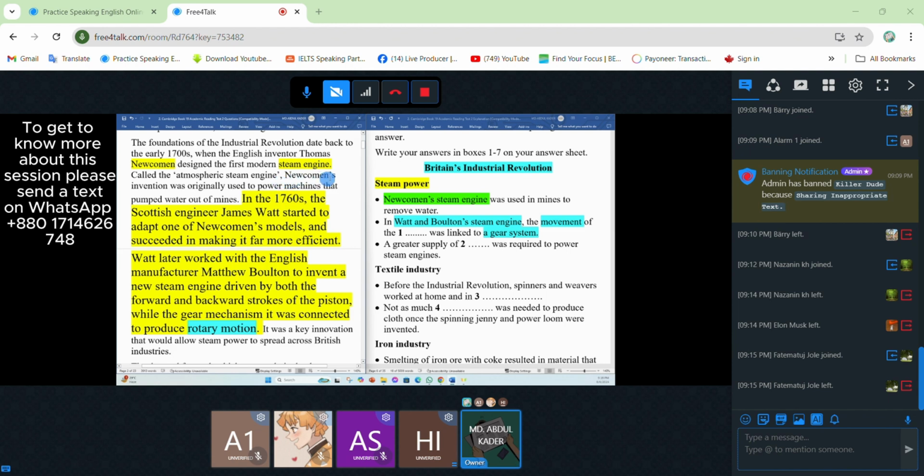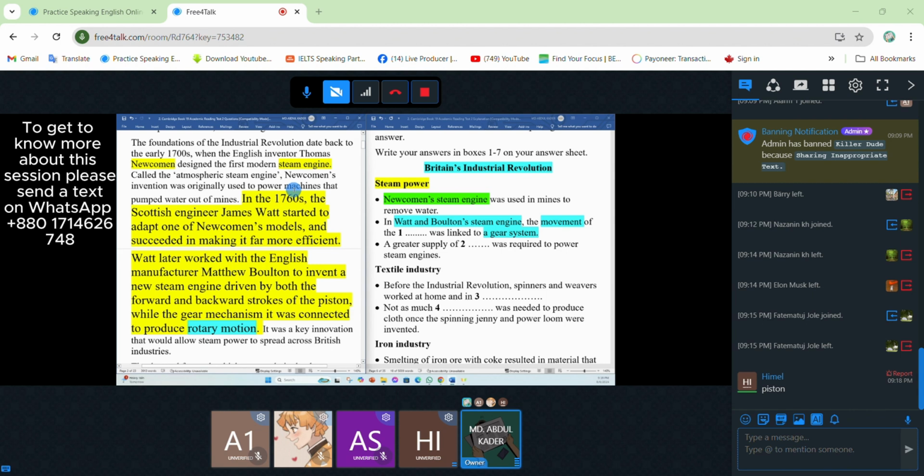Newcomen's invention was originally used to power machines that pumped water out of mines. That means Newcomen invented an engine that was used to power a machine, to start a machine.